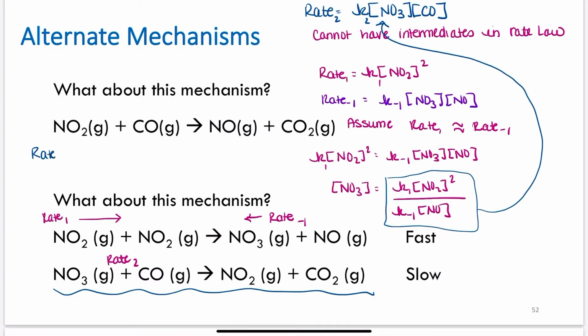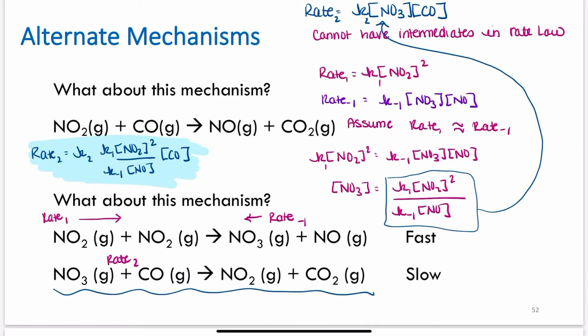So rate 2 is equal to K2 times K1 times NO2 squared over K minus 1 times NO times the concentration of CO. With this mechanism, this would be my predicted rate law.